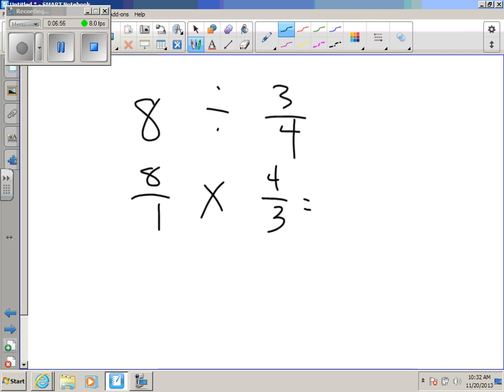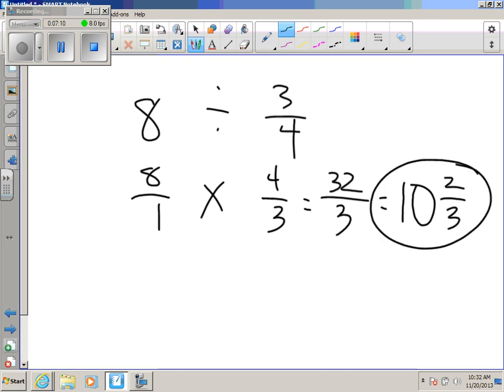Nothing in common diagonally. So 32 over 3. 3 goes into 32 10 times, which gives us 30. Take 30 away from 32. So 10 and 2/3.